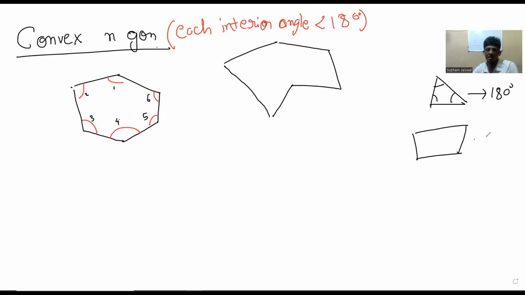In a quadrilateral, we know that it adds up to 360, right? So just from that reasoning, in a 6-sided figure, what should it add up to? Right. So how many triangles are you going to get?